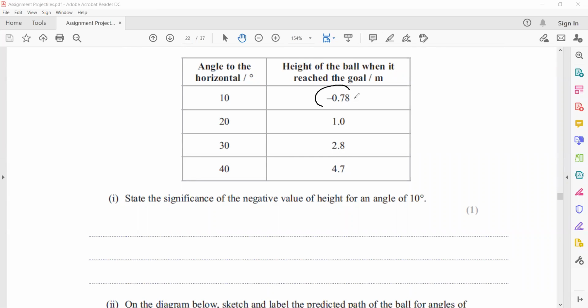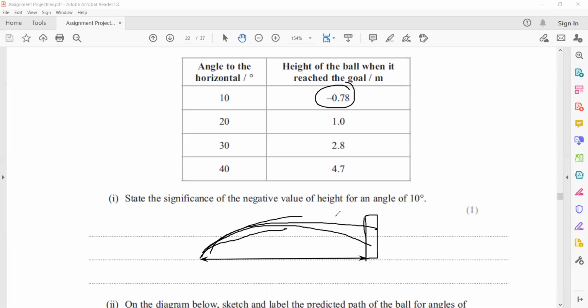For example, if I say a goal is 5 meters away, and this was a goal post, the height of the ball when it reaches the goal is 1 meter above the ground, then 2.8 meters, 4.7 meters, or 0.78 meters.